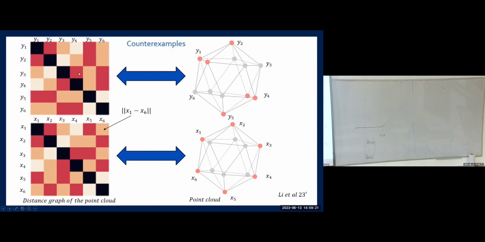So in terms of 1WL, when we run this test, each node sees exactly the same distances as the other nodes. So 1WL is not going to distinguish between these 2 graphs. It's going to output exactly the same readouts for these 2 point graphs, even though they're not isomorphic. Right? So we found 2 point clouds that are not isomorphic, that message passing neural networks cannot distinguish.